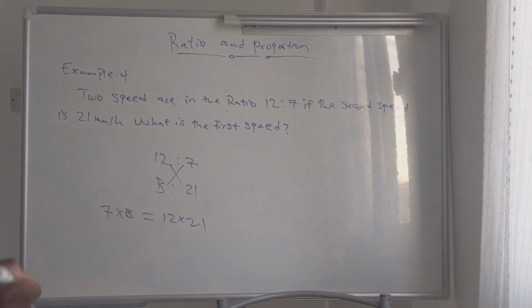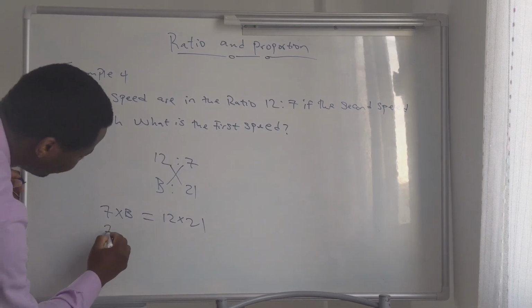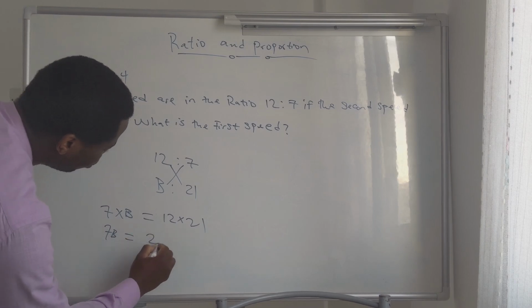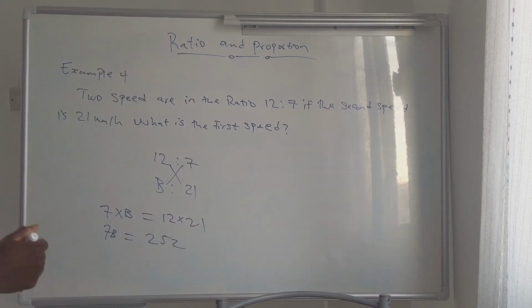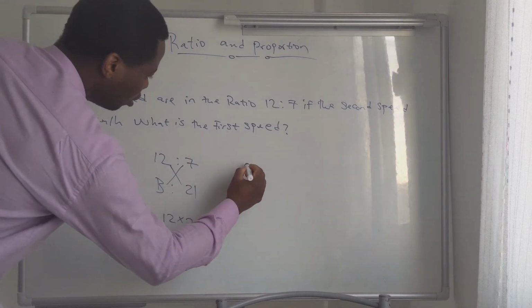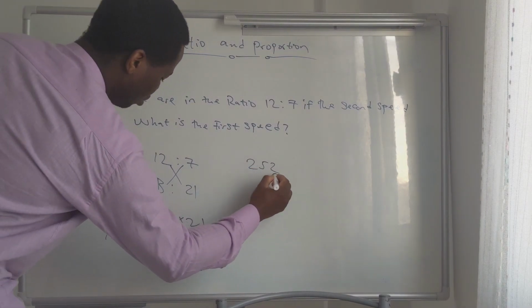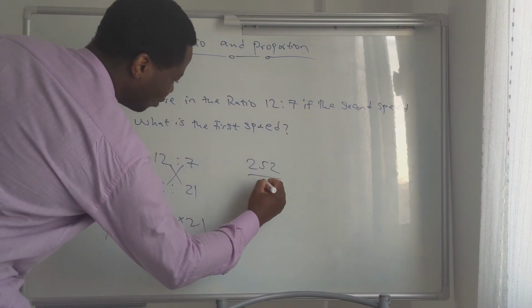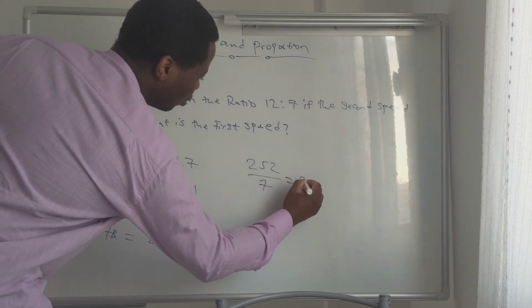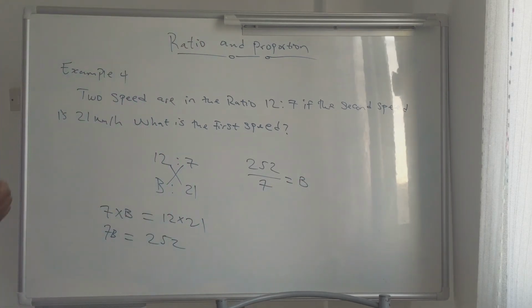So once you do this calculation, we can say 7b is equal to 252. Now, for us to get the unknown speed, we can say 252 divided by 7 is equal to the unknown length.